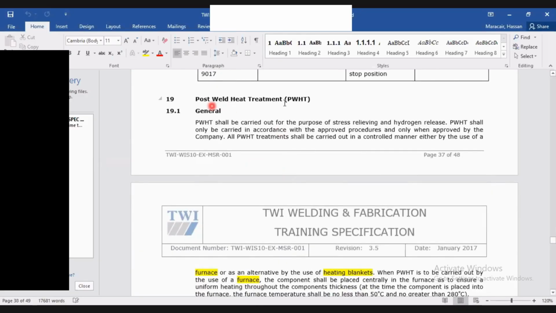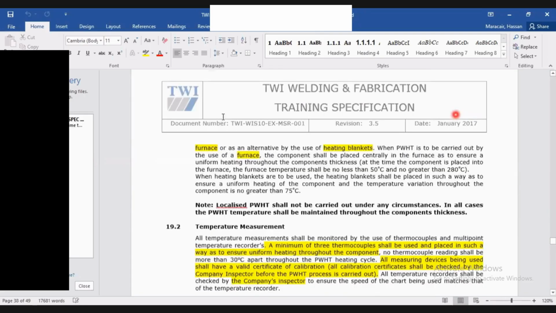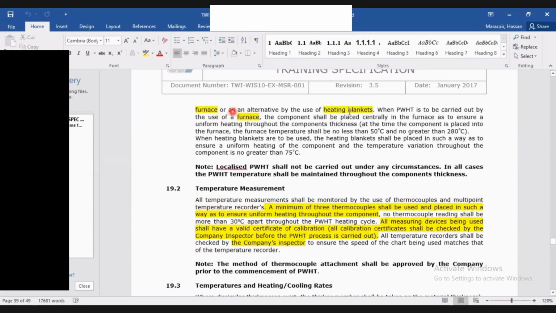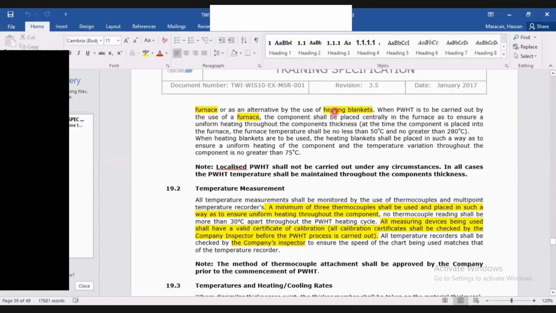General: all PWHT treatment shall be carried out in a controlled manner either by the use of furnace or as an alternative by the use of heating blanket. So they only ask for furnace and heating blanket. When PWHT is to be carried out by the use of furnace, the component shall be placed centrally. So there are 2 choices here to do the heat treatment, furnace and heating blanket. They do not mention anything about heating torch.